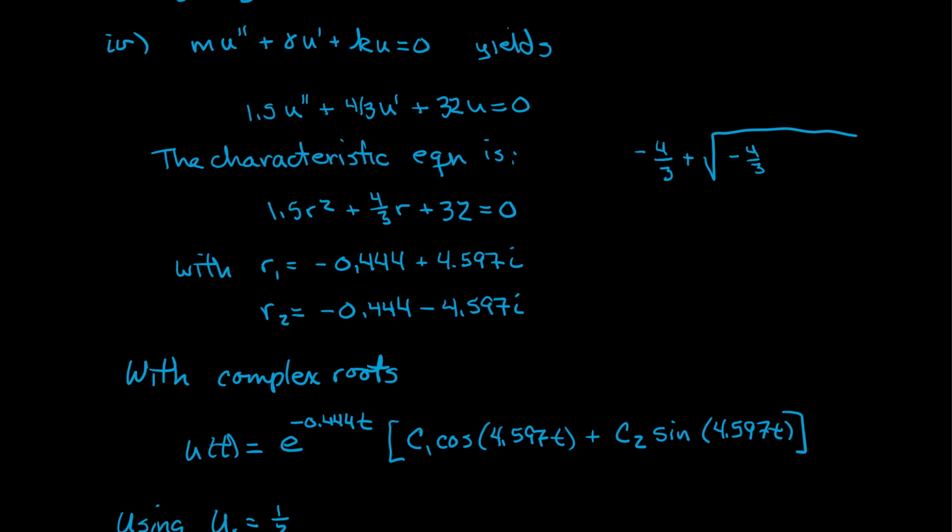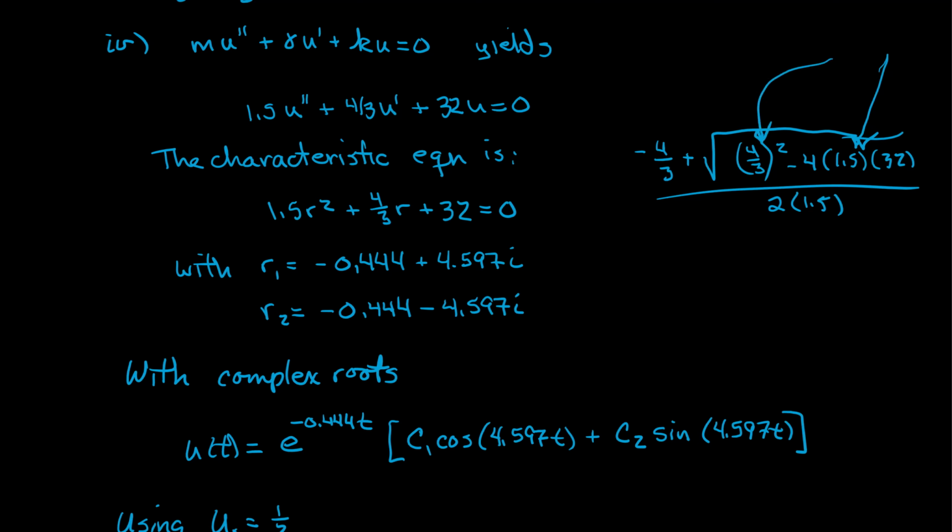I'm sorry, a 4/3. Still thinking about the negative from up front. We're going to have our 4/3 squared minus 4 times 1.5 times 32. And this is all over 2 times the mass, which is going to be the 1.5. And I think you can see here upon inspection, before we even do any computations, that's going to be much bigger than 4/3 squared is. We're going to wind up in this case with a complex solution.